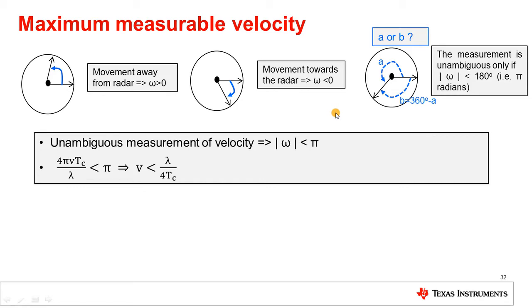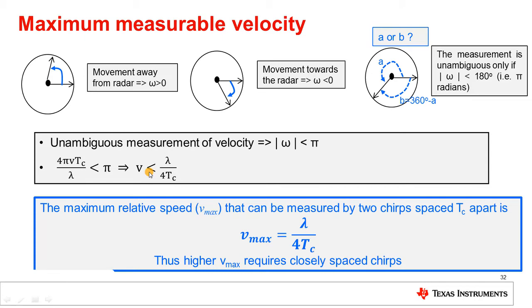So, unambiguous measurement of velocity requires that the phase change across the two chirps is less than pi. We have this expression for the phase change from the previous material. This expression must be less than pi, which gives you an expression for the maximum unambiguous velocity that can be measured.